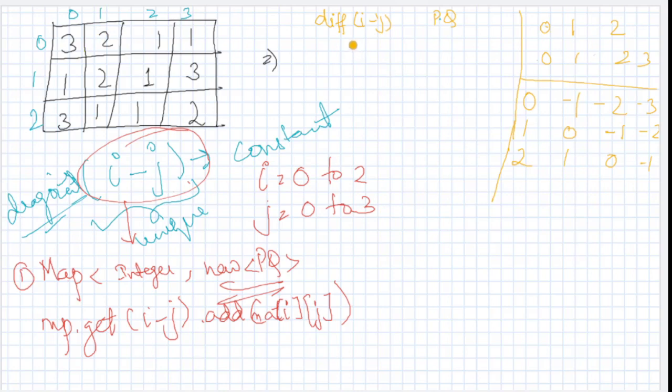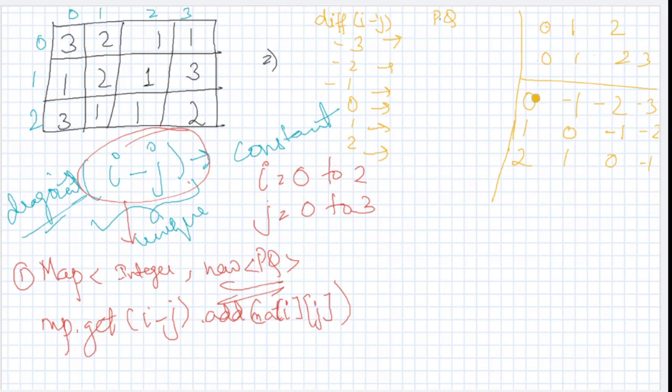Now, talking about the unique values we are getting for these differences, we are getting minus 3, minus 2, minus 1, 0, 1, 2. Only these elements are coming up. Now, you have to create the priority queue in such a way that it comes up to be an accurate value. We'll iterate.